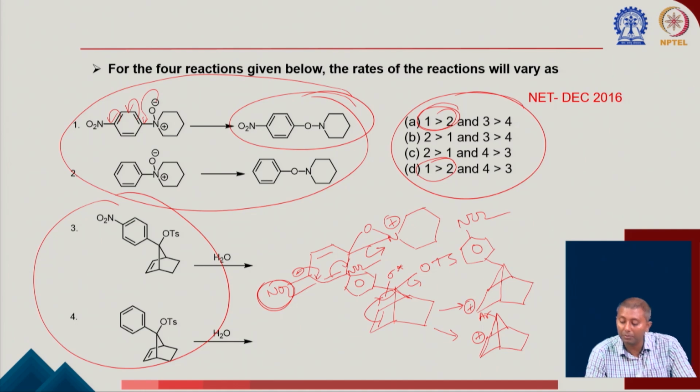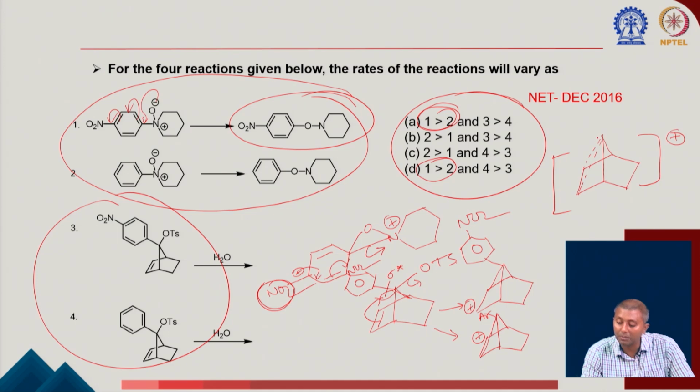So generally what people do, instead of that, people write this as a 3 center 2 electron bond. So you can write a delta plus here. You can think of the positive charge as actually being around these 3 carbons.